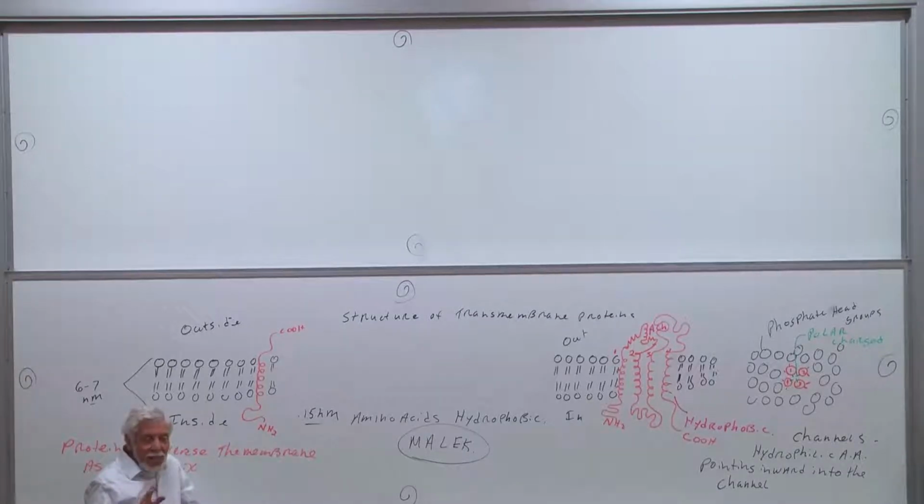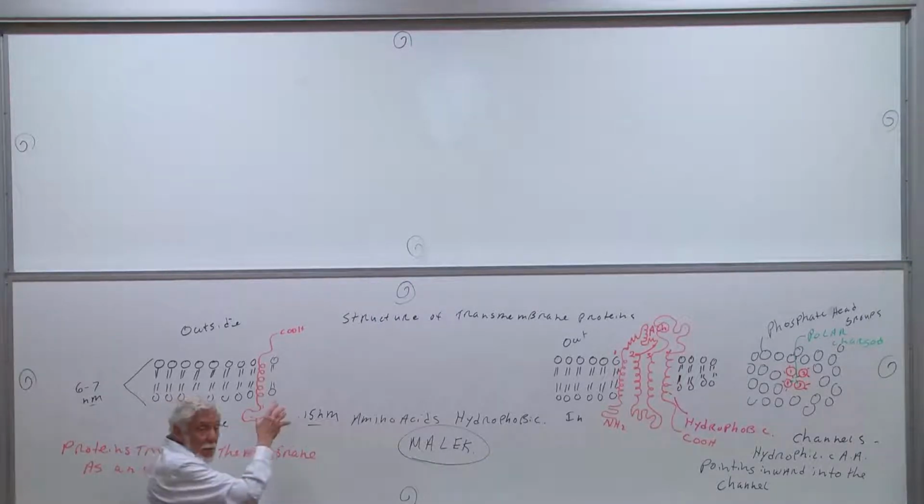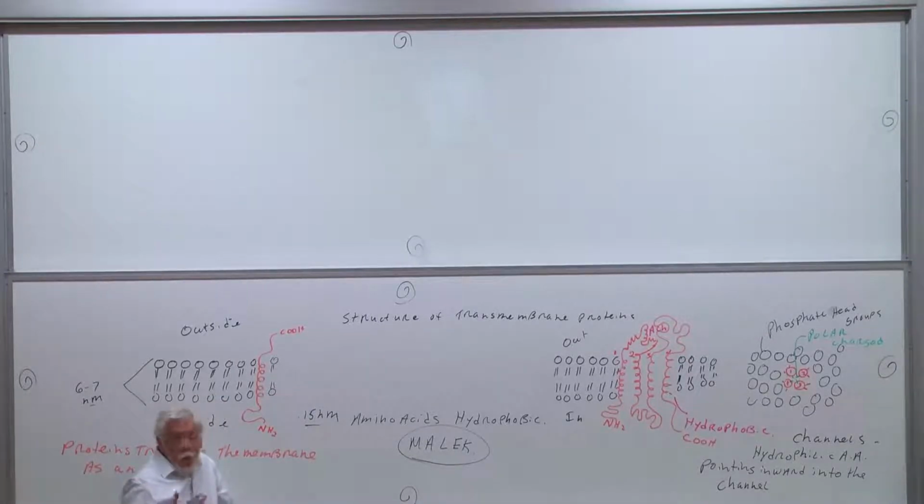What we'll find is that when we talk about voltage-gated channels, when we get to the nervous system, those have 24 transmembrane regions, and there are 4 sets of 6. When we talk about something like adenylyl cyclase, which is embedded in the membrane, I think it has 12 or more transmembrane regions. When we talk about the ligand-gated channels, like the acetylcholine receptor, the acetylcholine receptor has 5 subunits, each of which crosses the membrane 4 times.